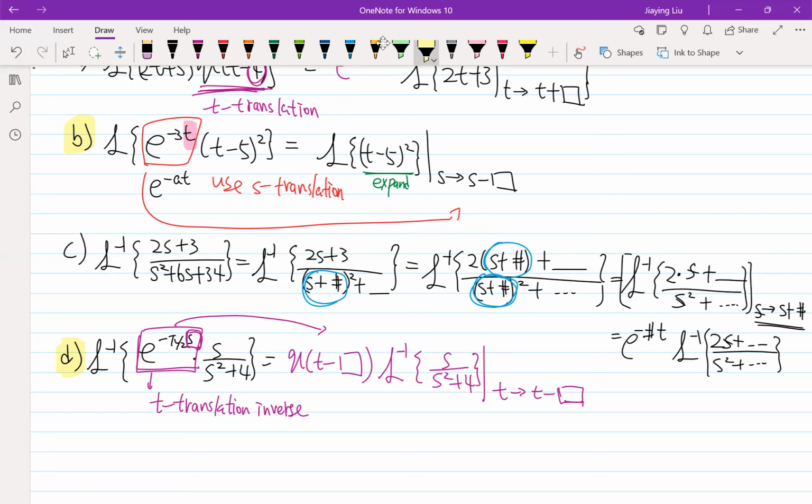If you just look at the curly bracket, both have an exponential. Which one do I use? That's why you have to be careful. If it's a function of t and the Laplace transform, you're going to use the s translation. If it's an inverse Laplace transform with a function of s, you're going to use the t translation, the inverse. So that's something to watch out for.